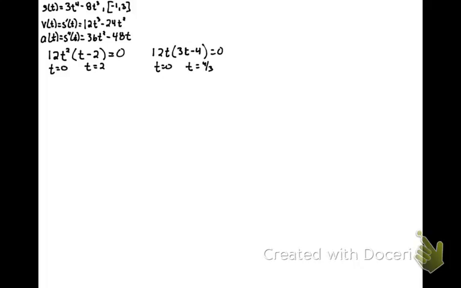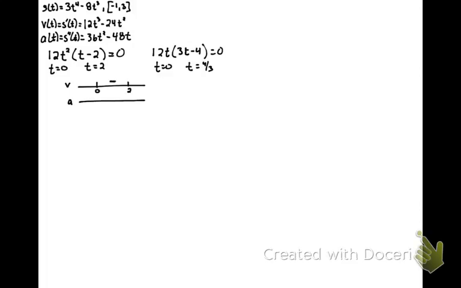I'm going to set some sign analysis up for both of these. So there's velocity, here's acceleration. Velocity is 0 at 0 and at 2. And I know that if the velocity was 1, then it would be a negative velocity.